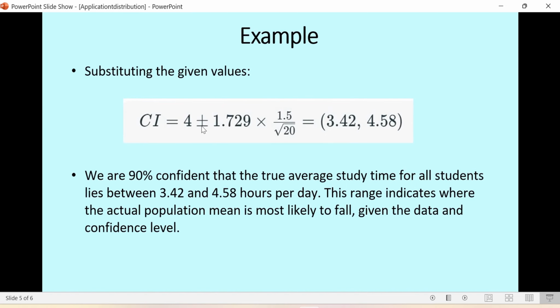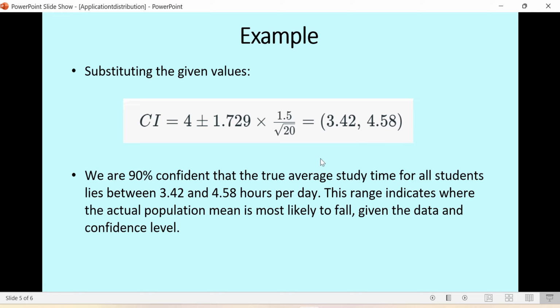Then we fill all these values into the confidence interval formula, and we get the 90% confidence interval for the population mean is between about 3.42 and 4.58.